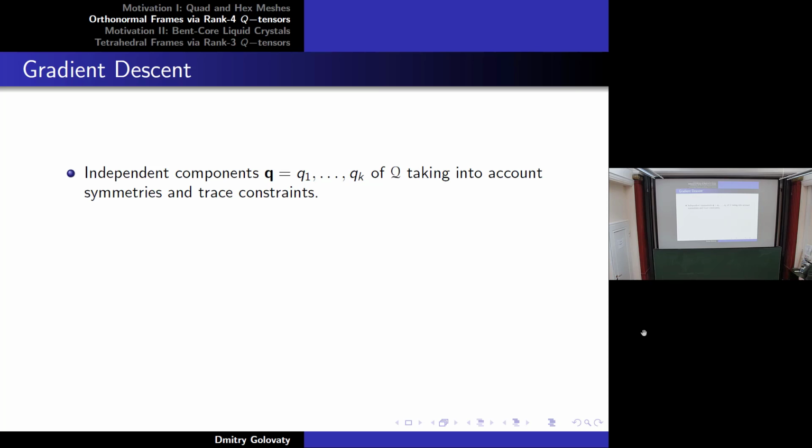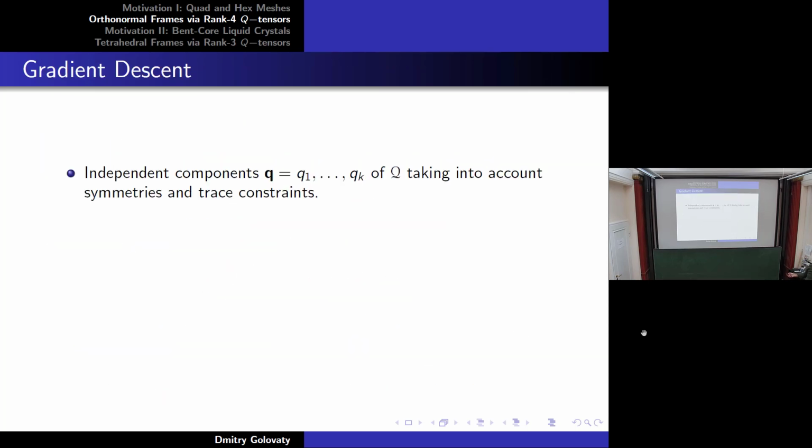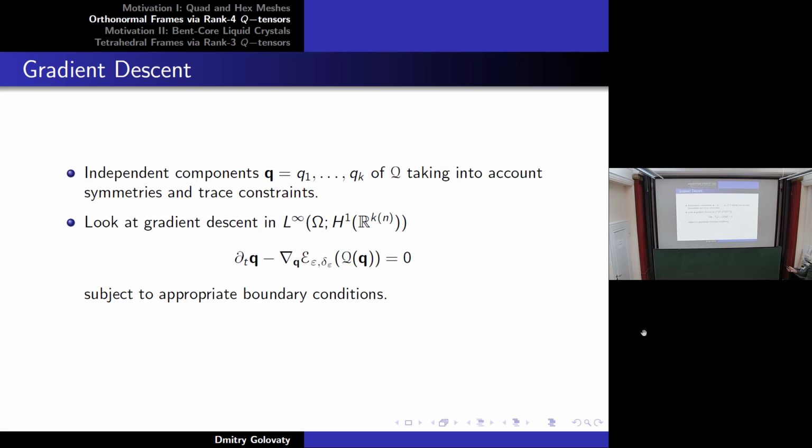Now we relax the condition, because if I don't impose the nonlinear constraint, there are actually more independent variables. I think there are 15 if I'm not mistaken. And so you run the gradient flow, which you can write in this form. For this, you can simply write a vector Q consisting of these independent components of the tensor.